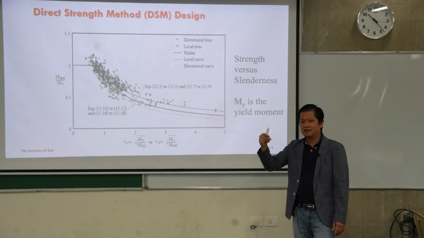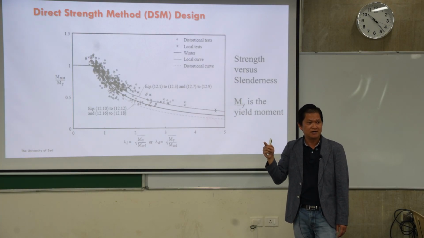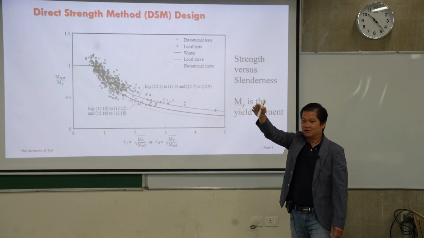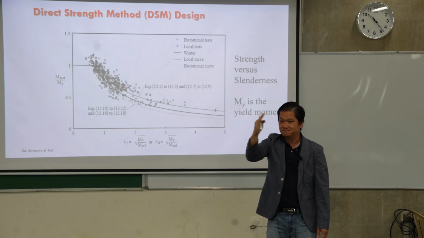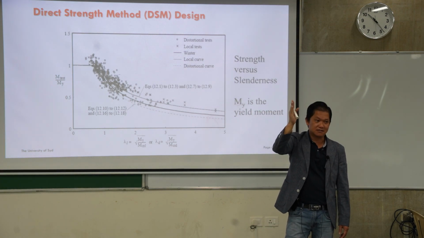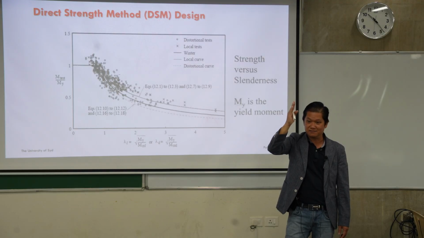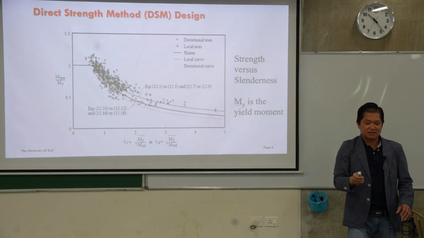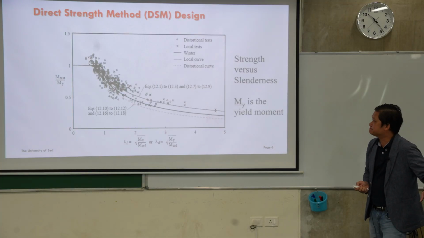So I showed you that the 0.4 exponent is local buckling. 1 is Euler, and it's just dropping down depending on the failure mode, but it's just based on the behavior of the elastic buckling equation at the beginning. All right, so this all has some theoretical base behind that.